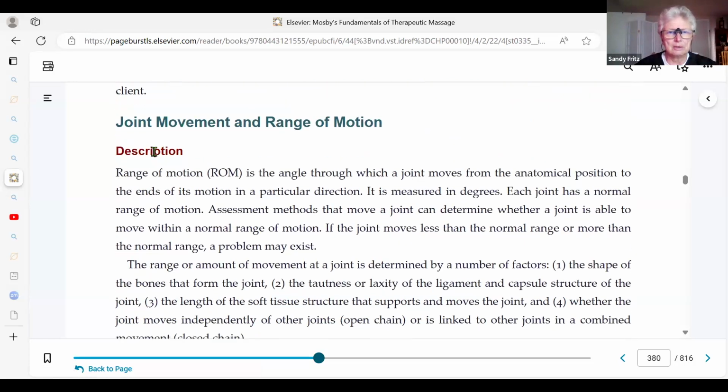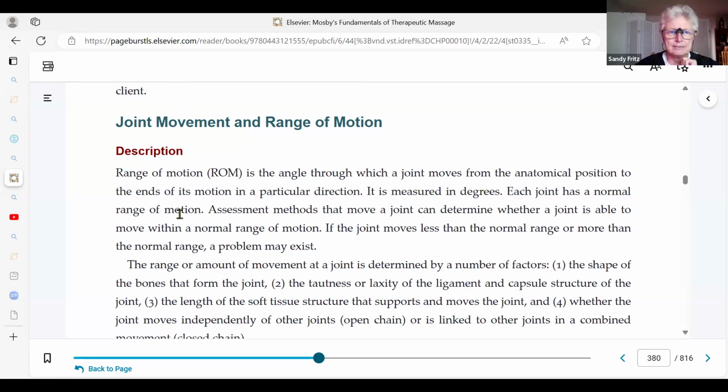And there is confusion around joint movement and range of motion. Sometimes the terms are used interchangeably. Range of motion is a measurement. It is the angle through which a joint moves from the anatomical position to the ends of its motion in a particular direction, and it is measured by degrees.